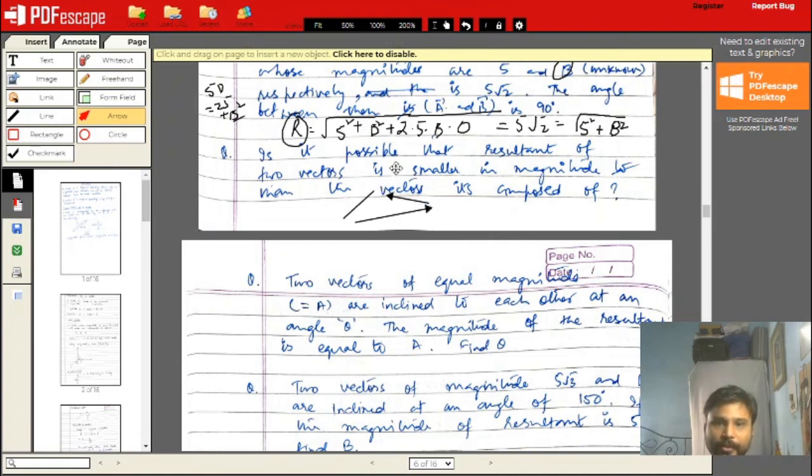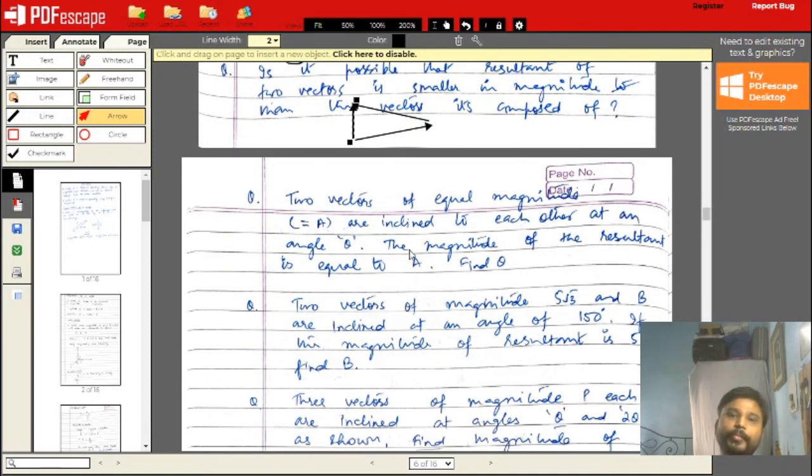The remaining vector is like this. Even better, what I can do is that we can extend this. Now these two vectors are pretty big. You can see, right? So the sum of these two vectors is smaller than the vectors it is made of.